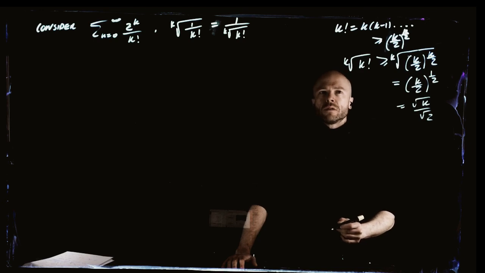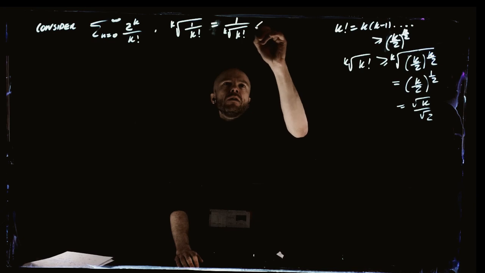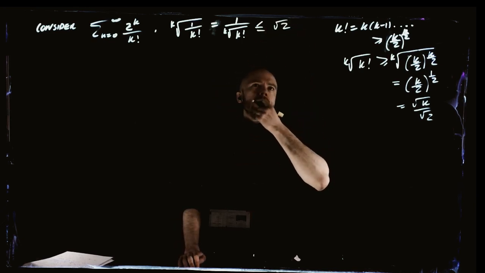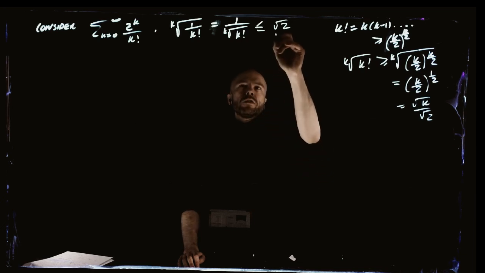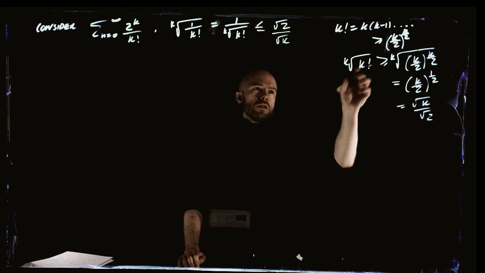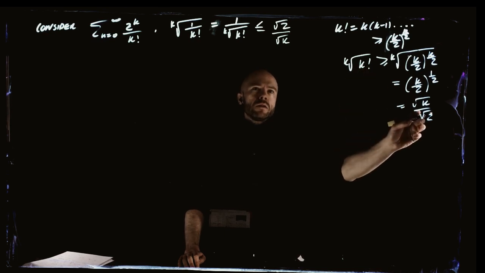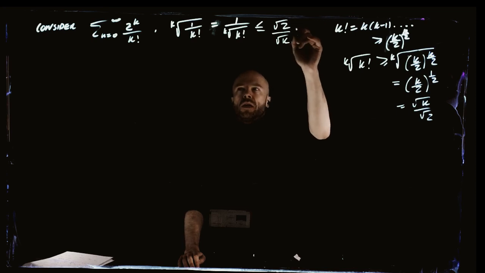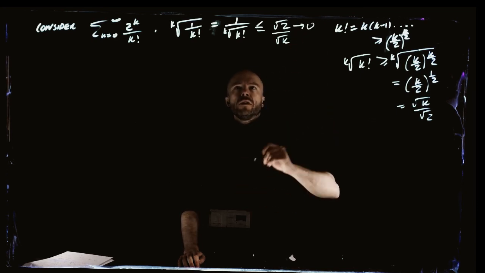Which means that 1 over the kth root of k factorial will be less than root 2 over root k, because this thing is bigger than this thing, so 1 over this thing is less than this thing. And this thing goes to 0 as k tends to infinity.